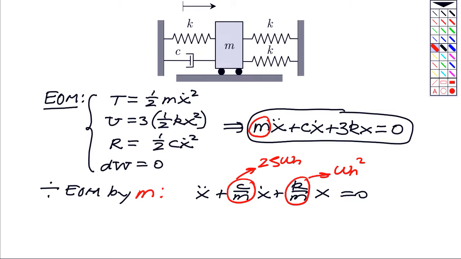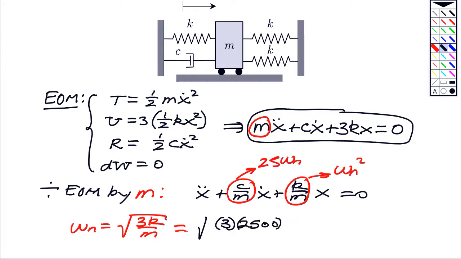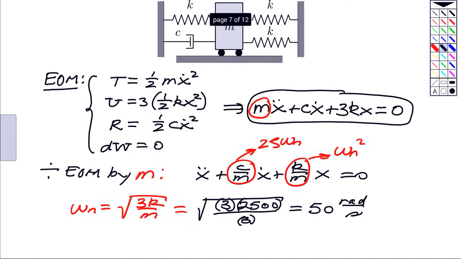Therefore, omega n is equal to the square root of 3k over m. So that's the square root of 3 times k, which was given to us to be 2,500, over the mass, which is 3 kilograms. So we have an undamped natural frequency of 50 radians per second.